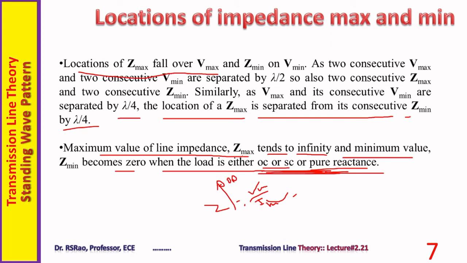Z max happens at V max, where I minimum is 0, therefore infinity. Z minimum happens when V assumes its minimum value. When V is V minimum, I is I maximum. In such a case, Z assumes 0 because V minimum is 0.